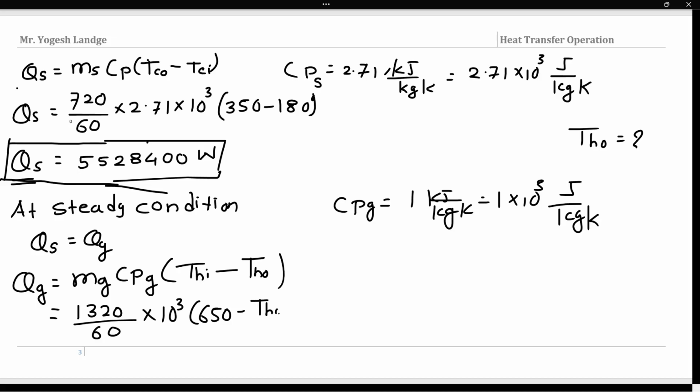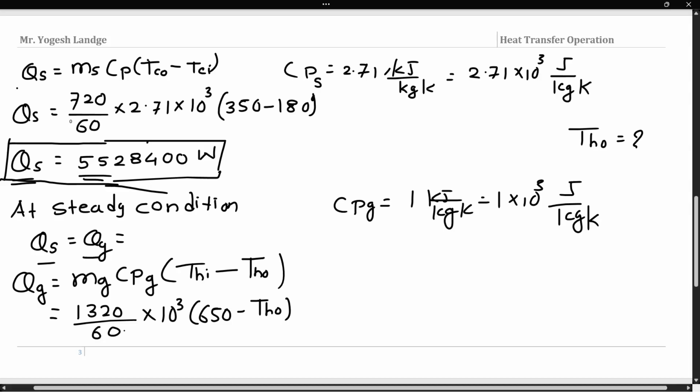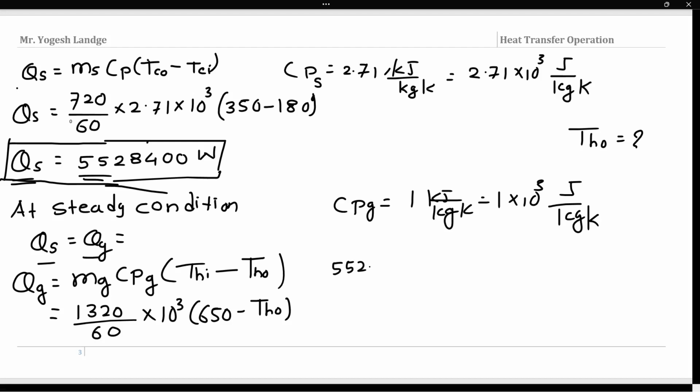minus Tho. So as we say here, the Q of S is equal to the Q of G. So I'm taking the value of Q of S, which is from here. Okay. So once I equate this one, that is 55284 is equal to 1320 divided by 60 multiplied by 10 raised to the power 3 into 650 minus Tho, outlet temperature, that is unknown to us.